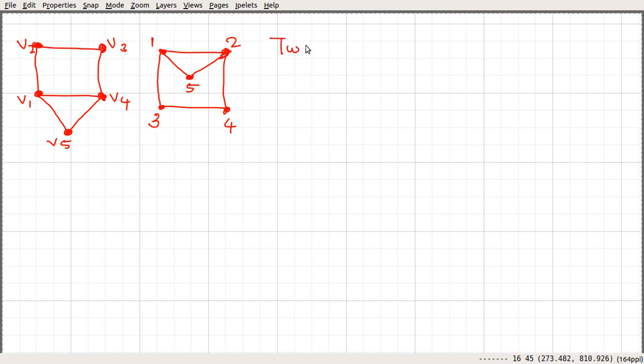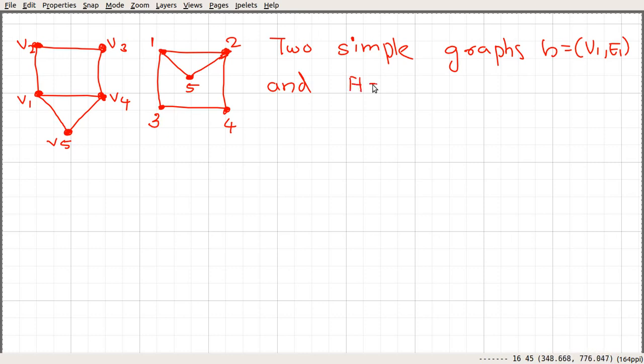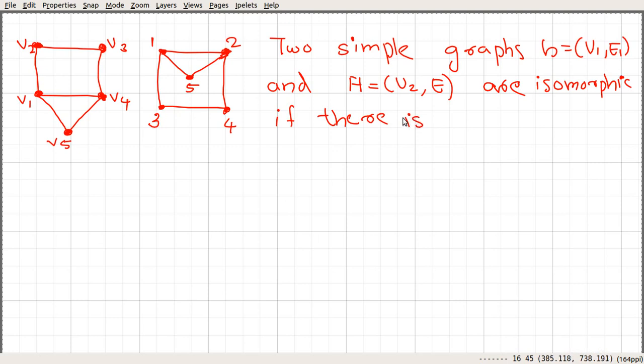So two simple graphs G equal to (V1, E1) and H equal to (V2, E2) are isomorphic if there is a bijection, if there is a bijective map.